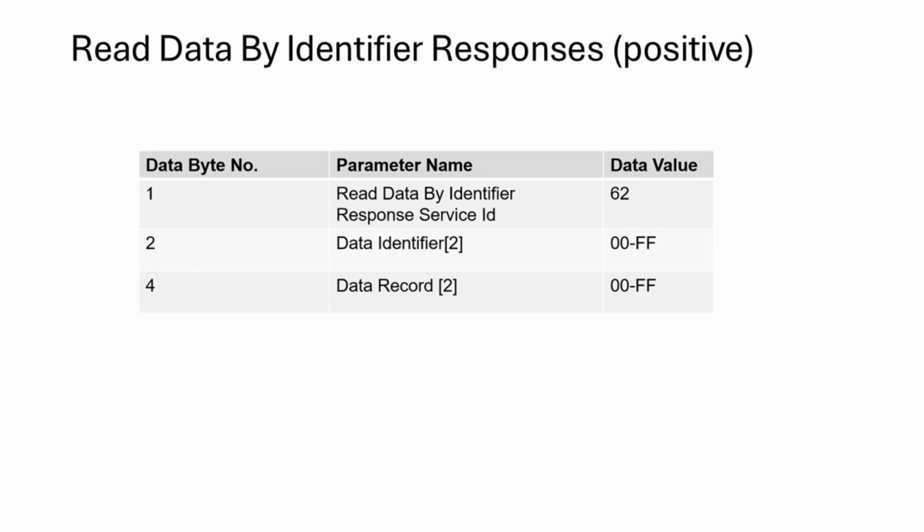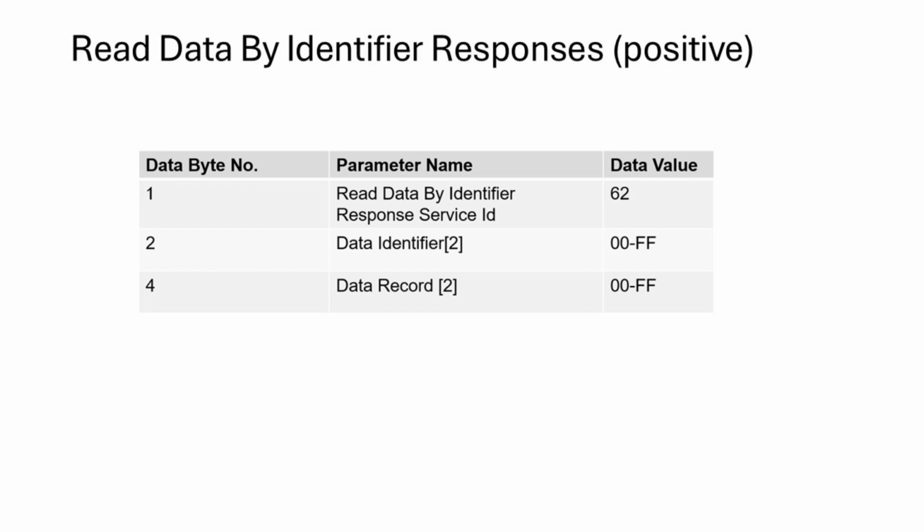For that, the positive response is 22 plus 40, 62, and then F190, and then the value it contains. So here in data identifier F190, the VIN number value will be coming in these bytes.